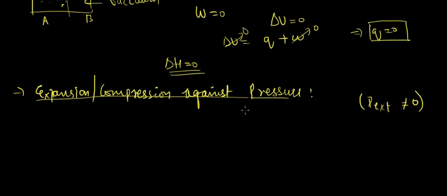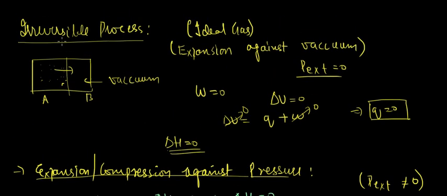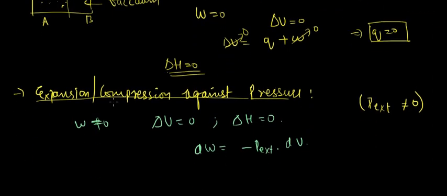Okay, so we can write that delta U would be equal to 0 and delta H would also be 0, but work done would not be equal to 0. Okay, so we can write dW is equal to minus P external dV. So I hope you remember that all this we are doing at delta T equal to 0, or T equal to constant. This is an isothermal irreversible process. Similarly, this is isothermal expansion and compression against external pressure.